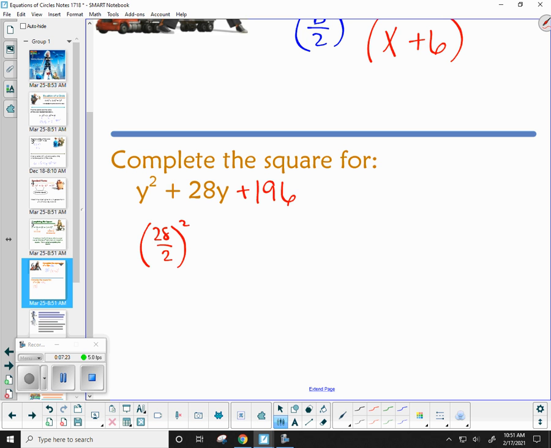So let's write this as a binomial square. So that would be x, or y, sorry, y. So think about what did I square? What number did I square? A positive 14. So it's going to be y plus 14, squared.